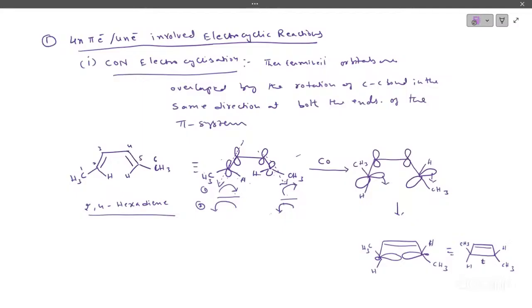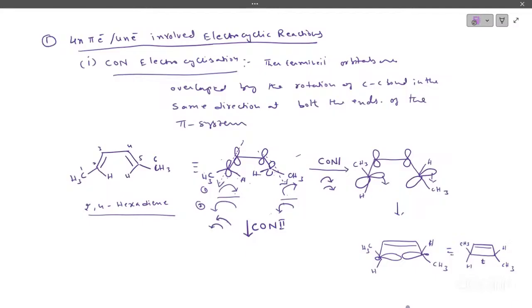You can take it as Con 1 model, and the other one, Con 2. In Con 1, both ends are rotating clockwise. In Con 2, at both ends, it is anti-clockwise rotation. At C1 and C4, both ends, it is undergoing anti-clockwise rotation.